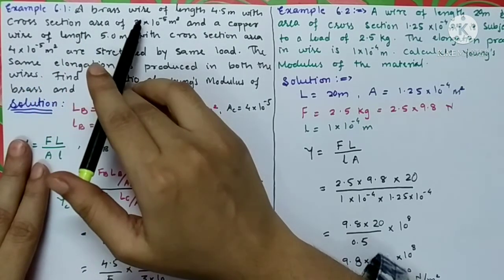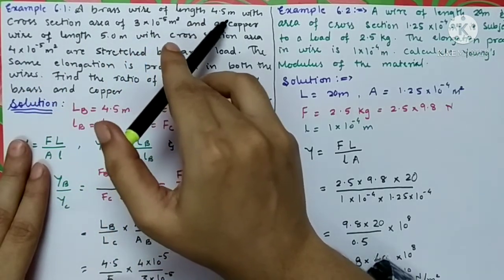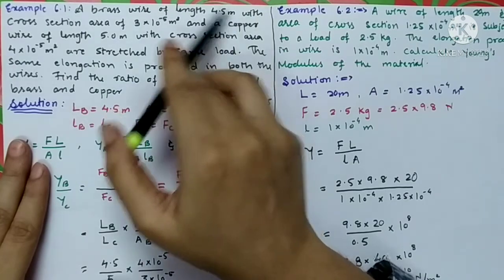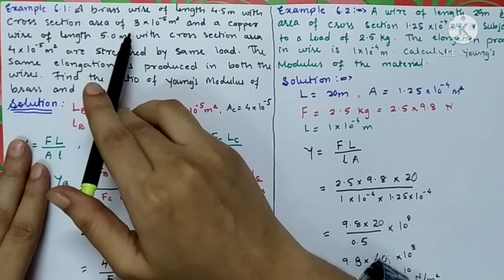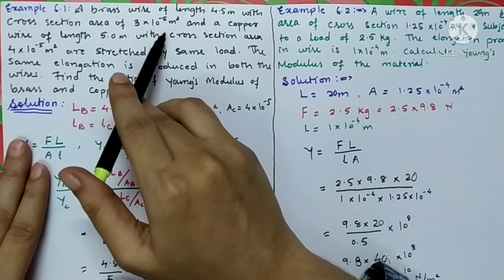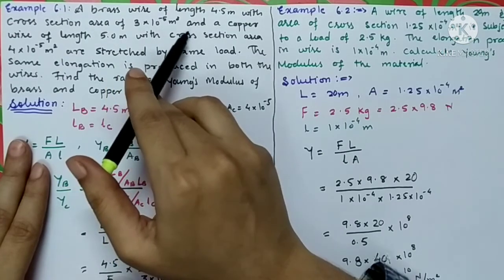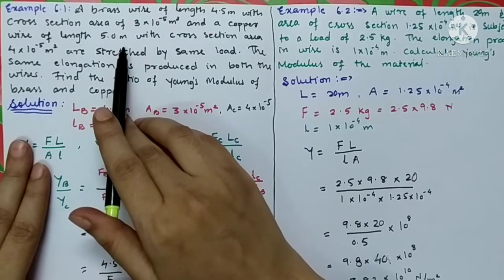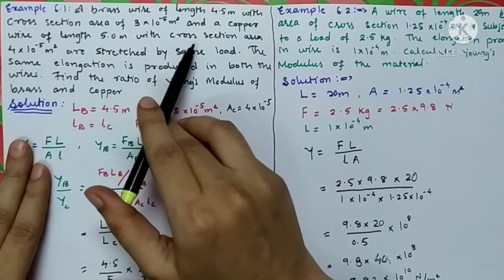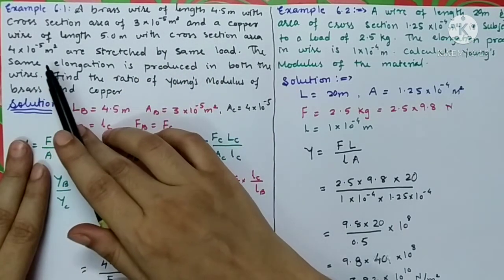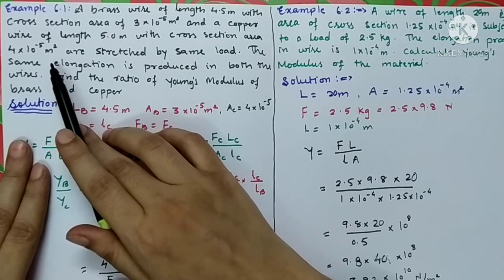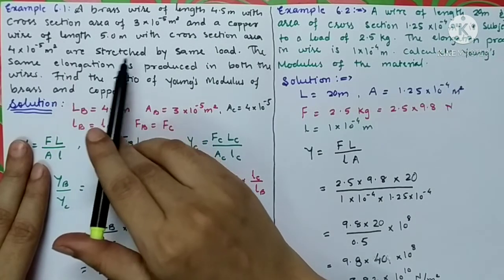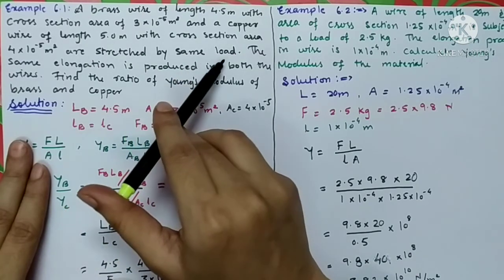A brass wire of length 4.5 meter with cross section area of 3 into 10 raised to minus 5 meter square and a copper wire of length 5 meter with cross section area 4 into 10 raised to minus 5 meter square are stretched by the same load.